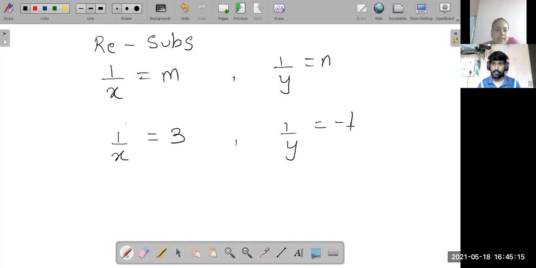So x equals 3 into 1? No. There are two ways of doing it, and I'll tell you both. One easy way is you just exchange this x and 3.